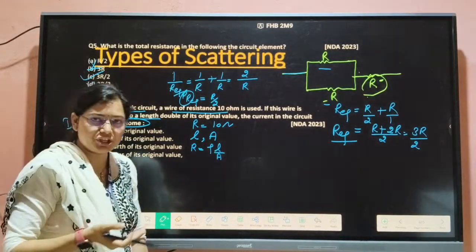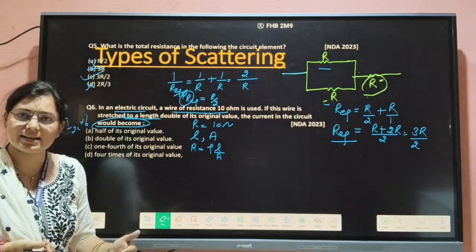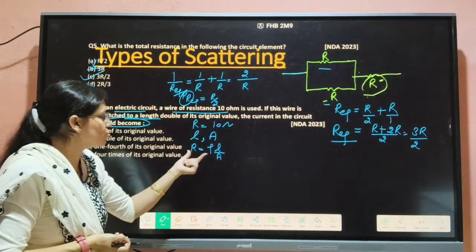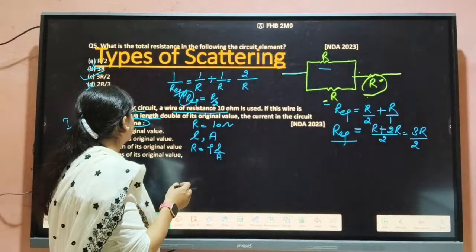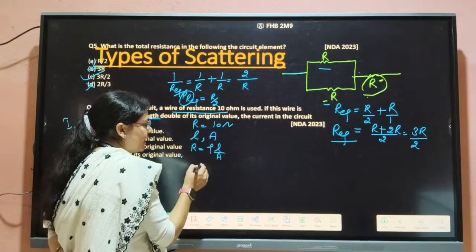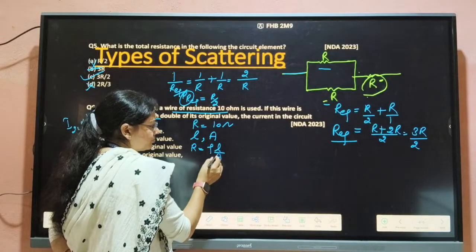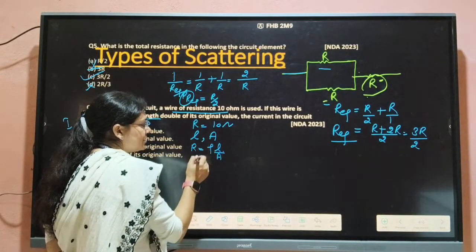So R we can write as rho L by A. Here R is 10 ohm.